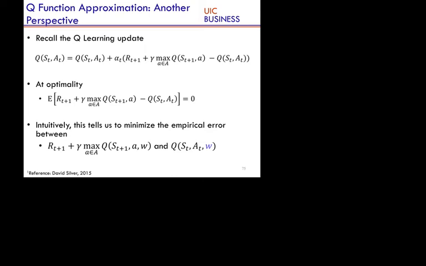Instead of doing this update, we get a next state and a reward, and we change our current parameter w such that the error between these two is minimized. So it's like an incremental update to w such that the error between these two is minimized. Okay. That's incrementally doing it, and we'll see that we can do it in a batch way as well.